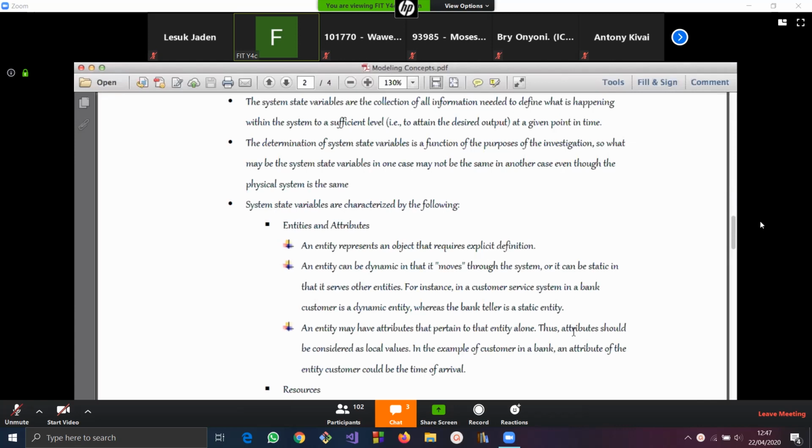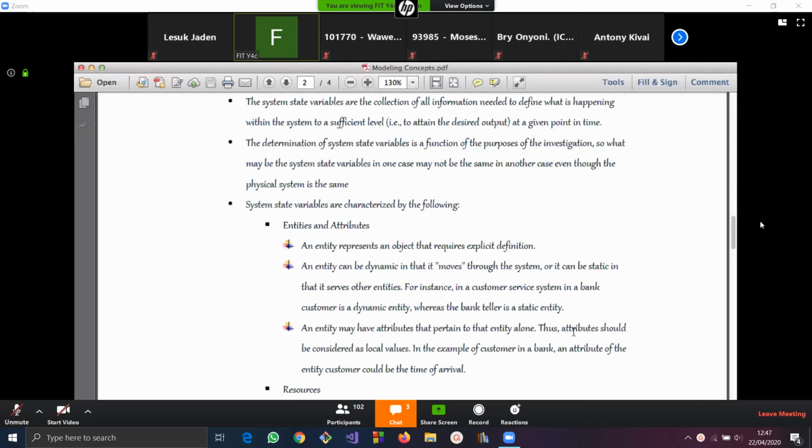In that case, we say time of arrival is local. So when you go into the design and modeling of this, that attribute has to be a local value, and therefore you can declare it as a local variable.